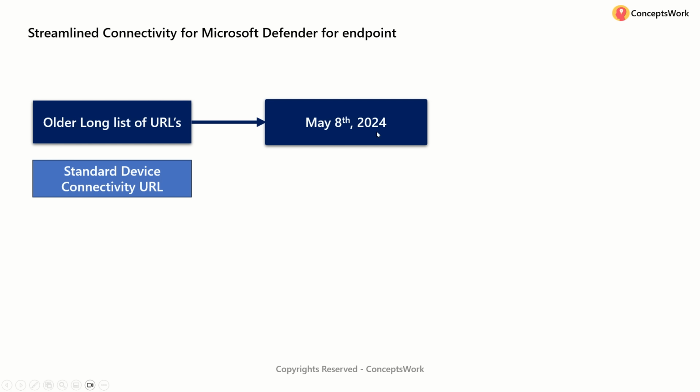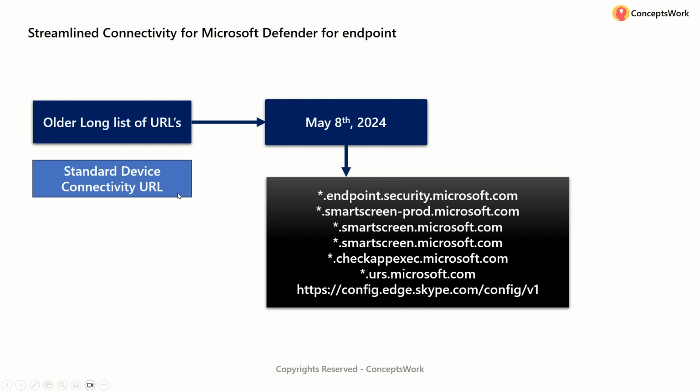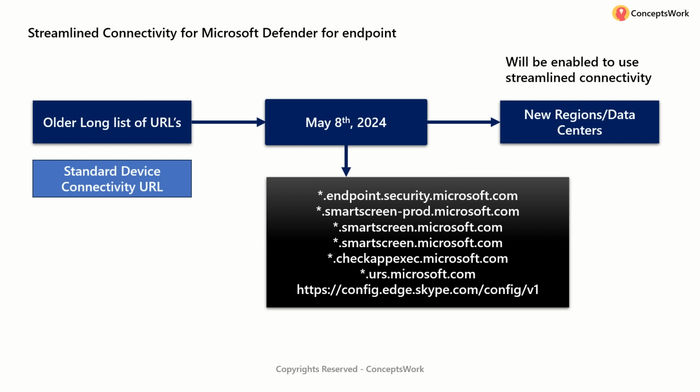And this announcement was made on 8th of May 2024, wherein there is a very less number of URLs which should be whitelisted for making sure MDE onboarding works. And all the new regions or all the new data centers which will be created that will be enabled for MDE will be using streamlined connectivity.